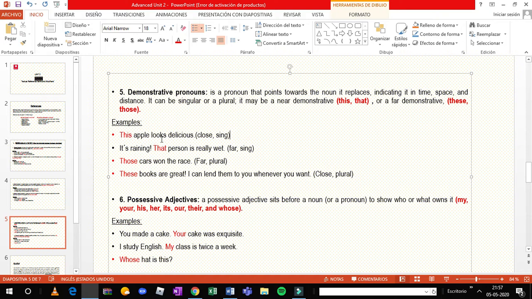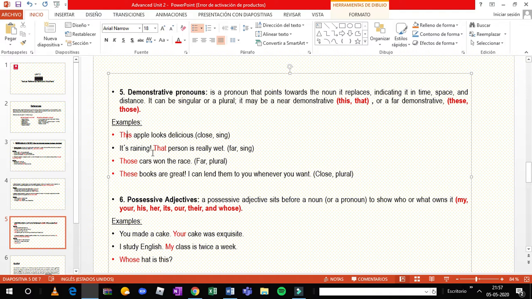This apple looks delicious. When the person is saying this, I know that the person has the apple in his hand, or maybe has it on the table, etc. But it's close. It's close and it's singular because I'm referring to just one apple.